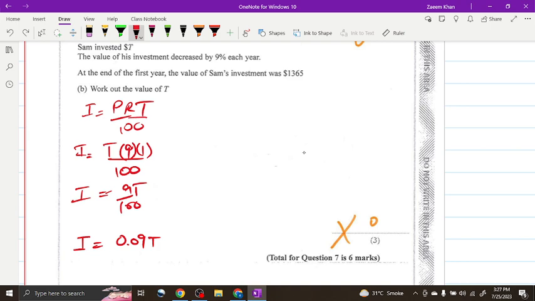We have to use another formula. What's that formula?